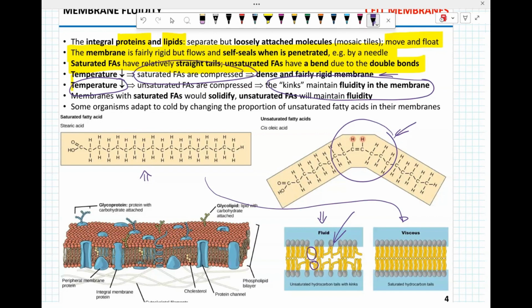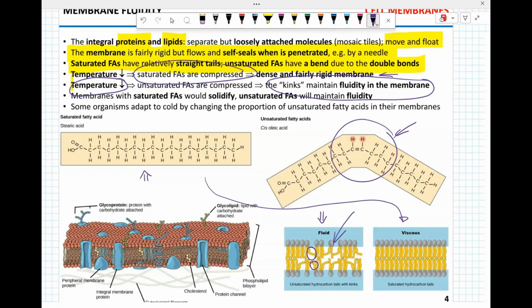Different organisms contain different proportion of the saturated and unsaturated fatty acids, which explains the ability of the membranes in those organisms to adjust to the temperature changes.